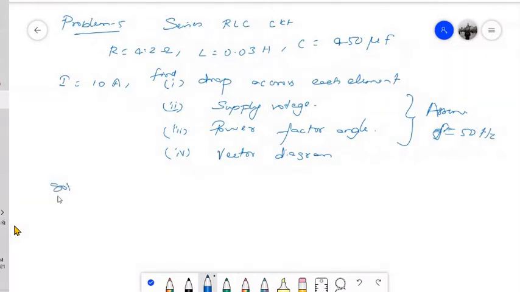Now, as per the given data, you can draw the RLC series circuit. So this V is not known to us.